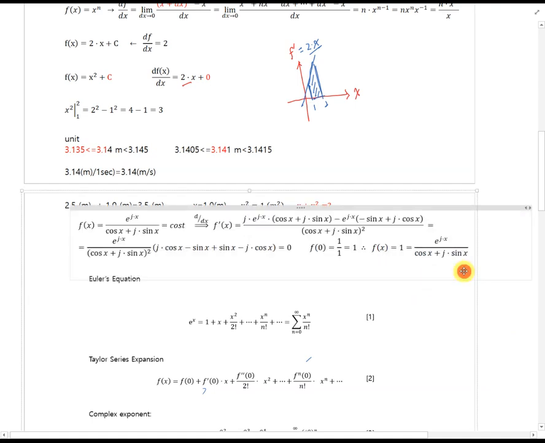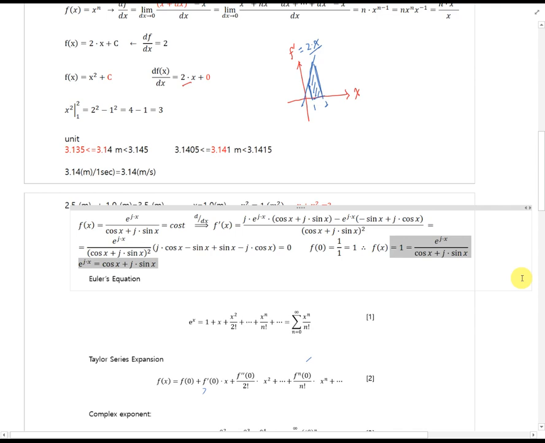From this result, we can write down e to the jx equals cosine x plus j sine x. So this is called the Euler equation.